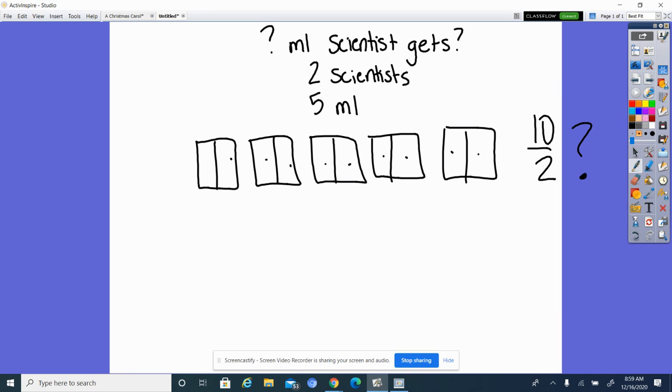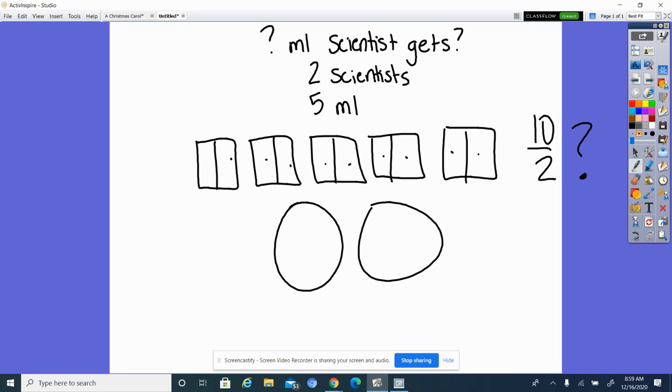Yes. Okay. I need to take those halves and distribute them to who? The scientists. How many scientists? 2. There's my 2 scientists. Each of my X's or dots or stars, whatever you want to do, each of those will represent what?